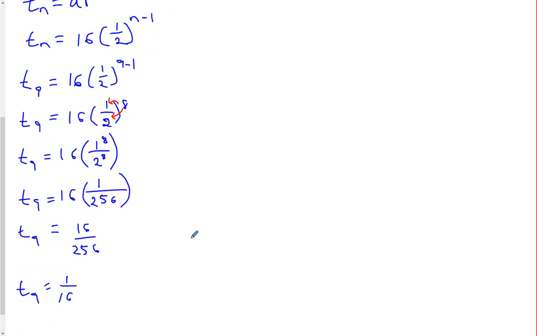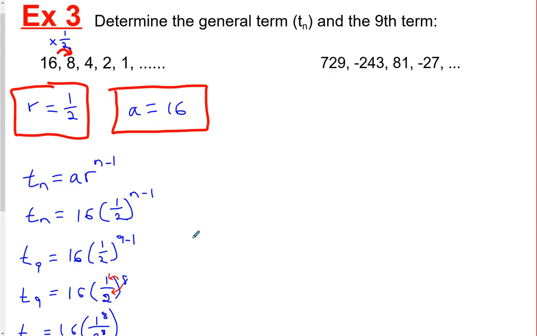Okay, let's try another one. This one on the right-hand side. So for this one, I need to try and figure out what my R, the common ratio, is. My starting number is nice and easy.